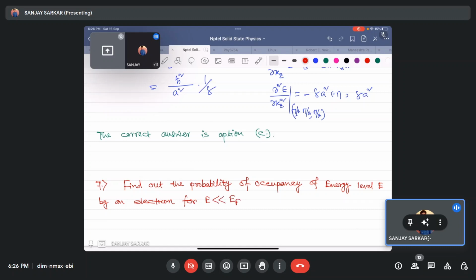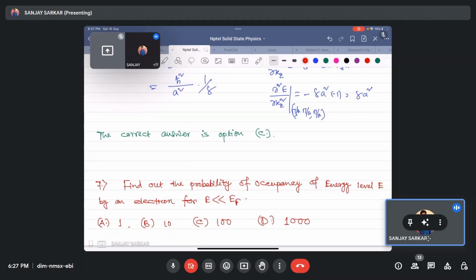EF is the Fermi energy. So when the energy is much less than EF, what will be the occupancy of the electron? And the options are A is 1, B is 10, C is 100, D is 1000.